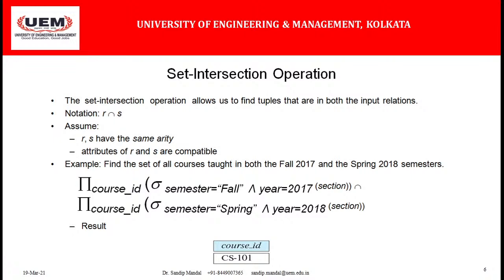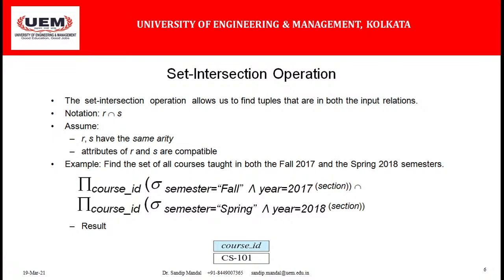All the conditions are the same as with R union S: both must have the same arity, and the domains of the attributes must be the same. The difference is that here the common value should be there, meaning those courses available in fall 2017 should also be available in spring 2018.